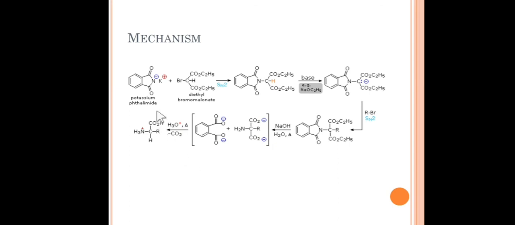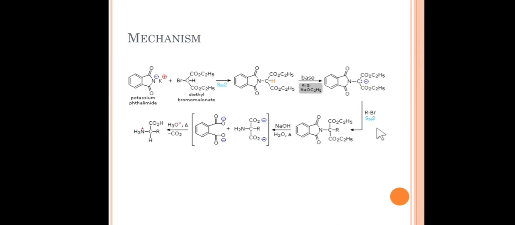So the mechanism is the same as I told already. The negative charge of the potassium phthalimide will attack the diethyl bromomalonate, and we get this alkylated phthalimide. When we treat that alkylated phthalimide with base, the base will abstract this red proton, which is in between two carbonyl groups and is a very acidic proton, so it is easily abstracted by the base, and then it is treated with any kind of alkyl halide.